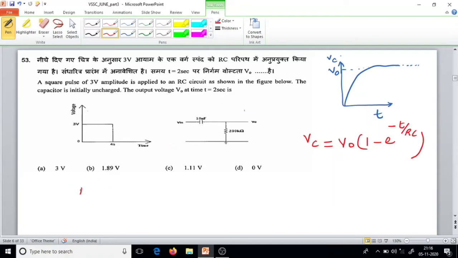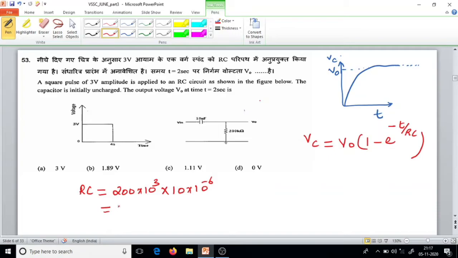This is 10 microfarad. We will find out the RC value. This t is given as 2 seconds. RC equals, what is the resistor value? 200 kilo ohm, kilo ohm means 10 to the power 3, multiplied by the capacitor value, 10 into 10 to the power minus 6.